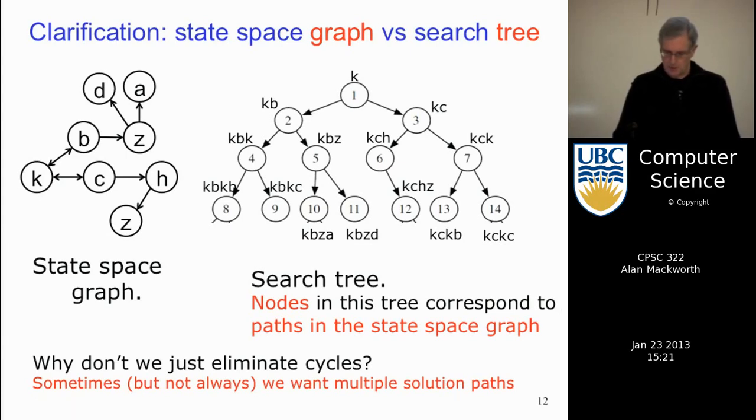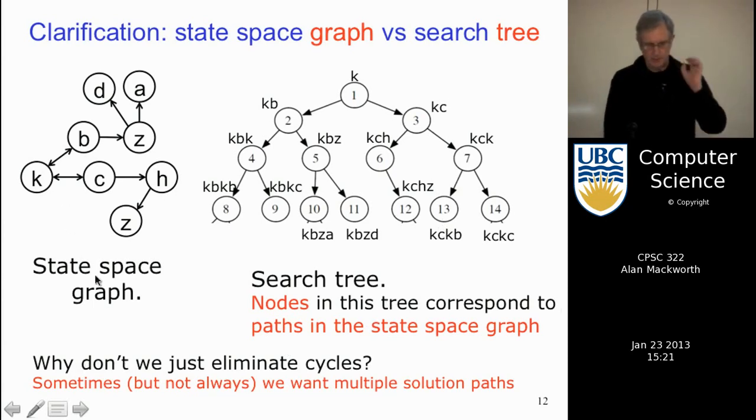Okay, so what about these cycles? What do you do with cycles? We haven't talked a lot about that. Why don't we just eliminate them? Well, actually, here, for example, this path here, KBKB, represents a cycle. It represents going from there to there, back to there, back to there, and so on.